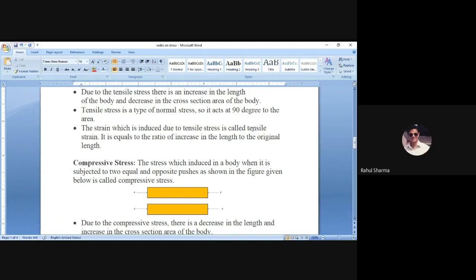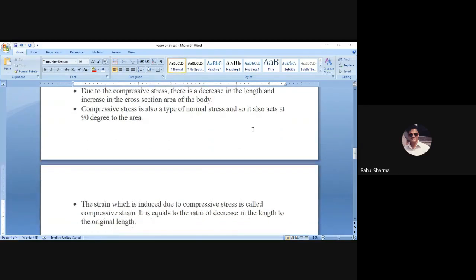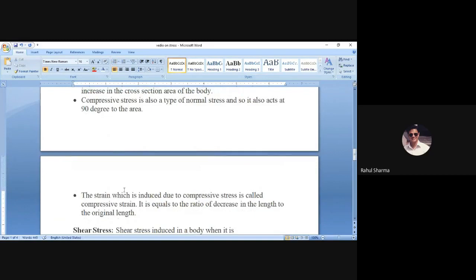Or in case of longitudinal strain, we can say it is change in length per unit original length. Similarly, the strain which is induced due to compressive stress is known as compressive strain.